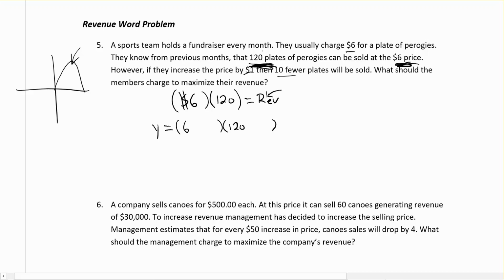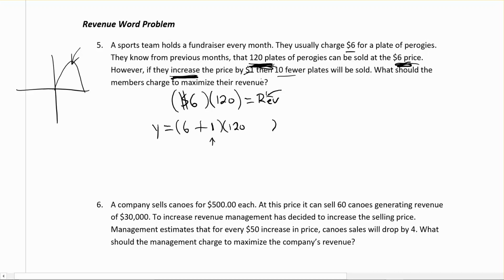It says, for the next part here, if they increase the price by $1. Increase is the same as adding, right? So I'm going to say plus, but instead of 1, what they're saying is that this could be 1, 2, 3, it could be anything, right?